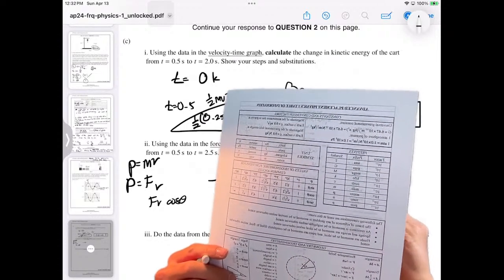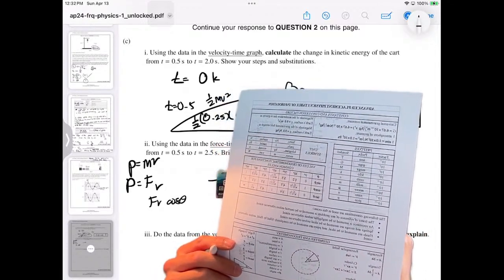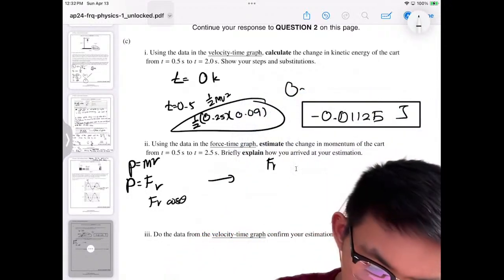Oh, okay. F net equals delta P over delta T. That's probably what I need to use.